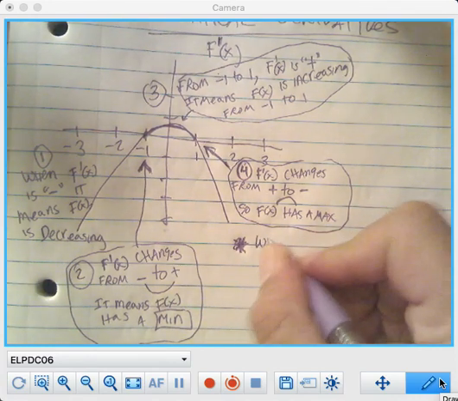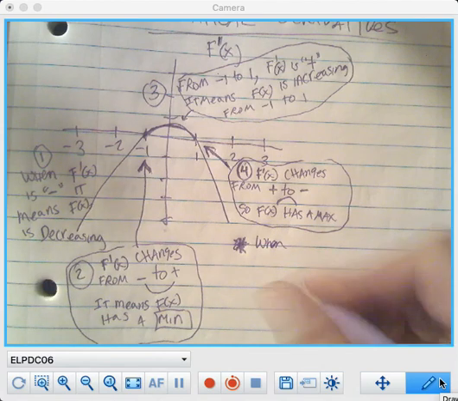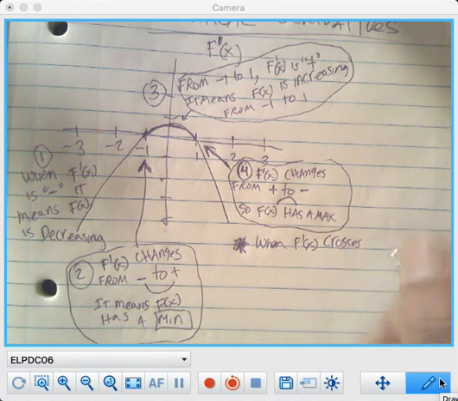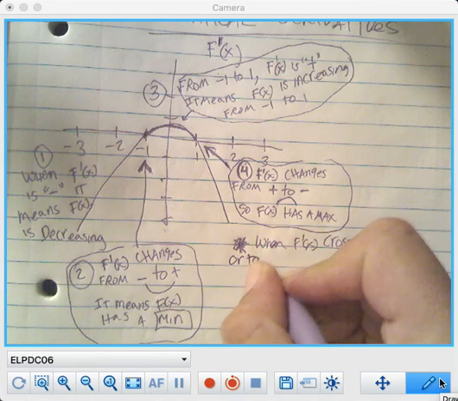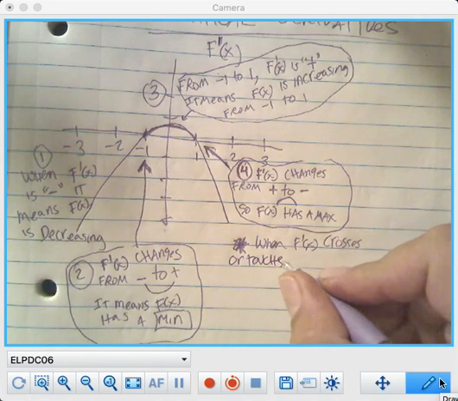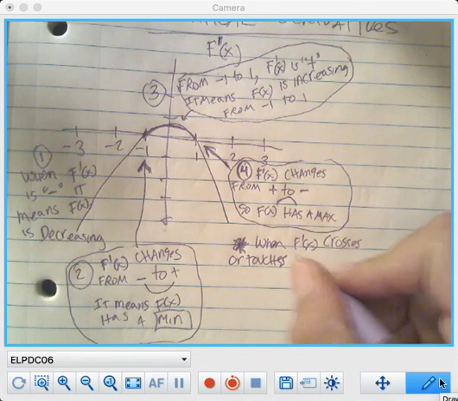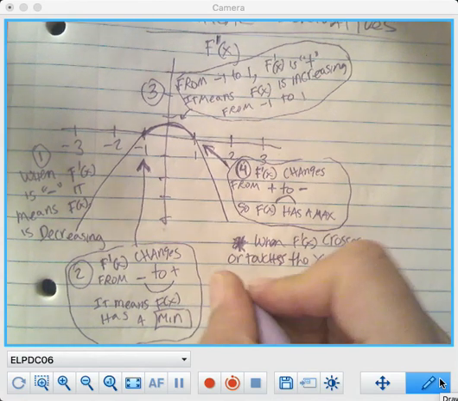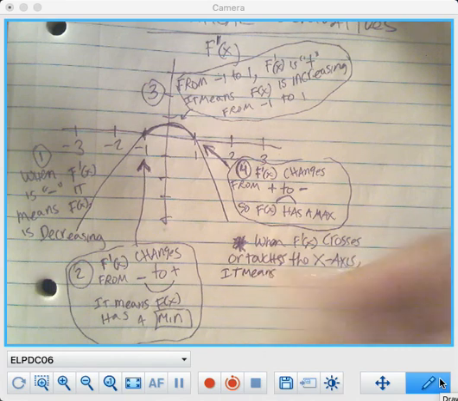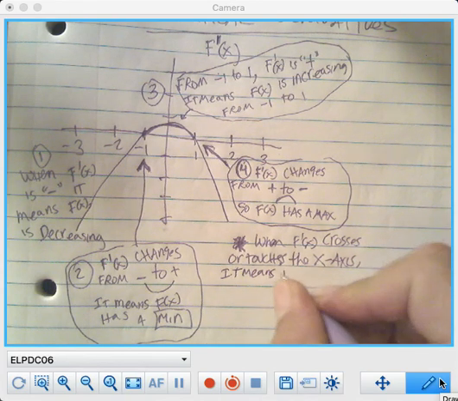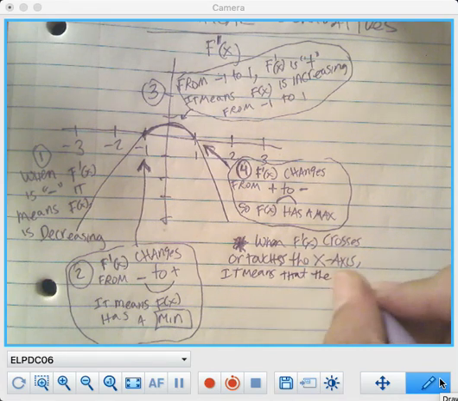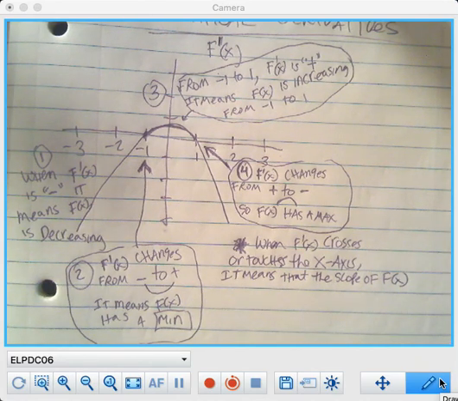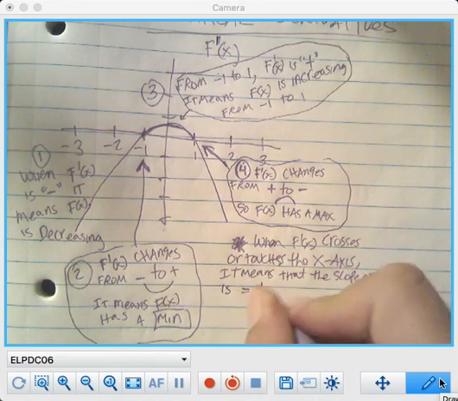So I have when f prime of x crosses or touches the x-axis, it means that the slope of f of x is equal to 0.